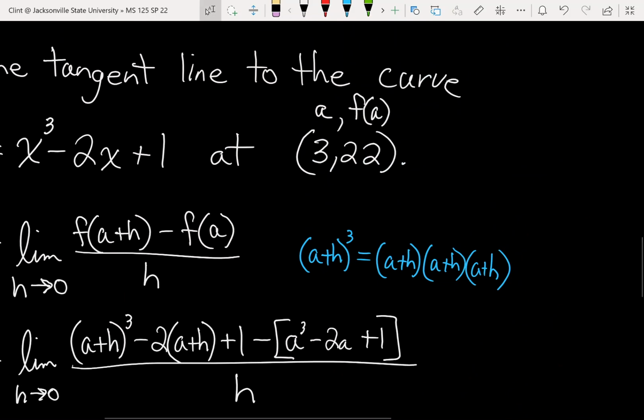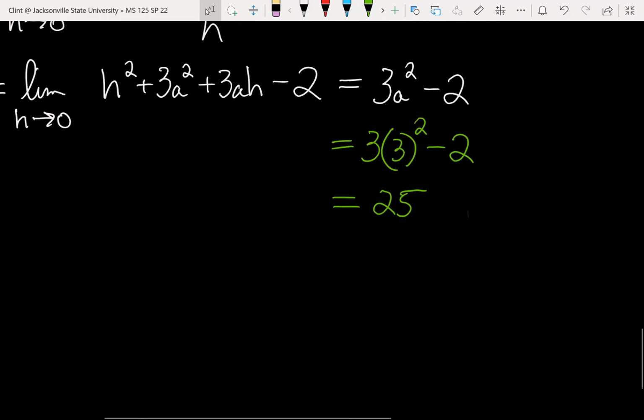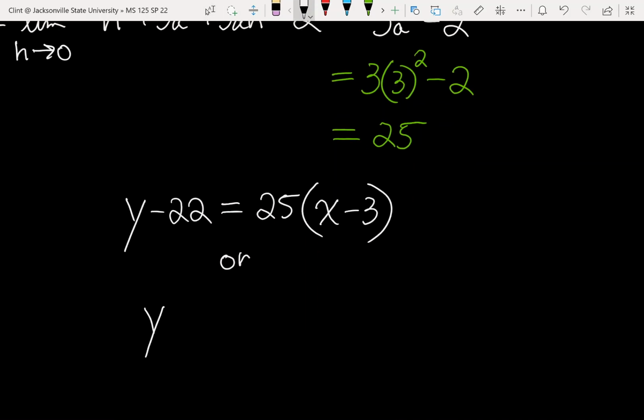Okay. The other thing we need is our point. 3, 22. So now we can plug into this. So y minus our y coordinate equals our slope times x minus our x. WebAssign will take that. If you want to, you can solve it for y.